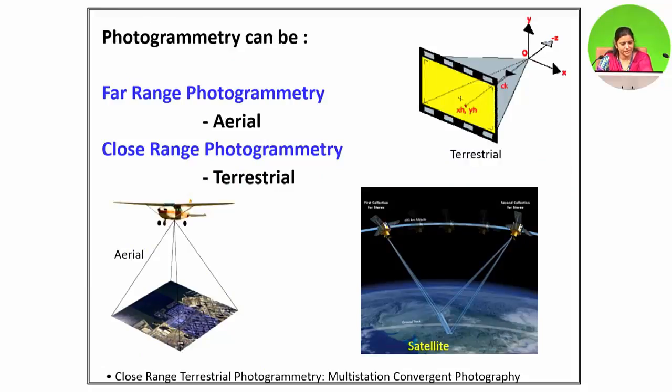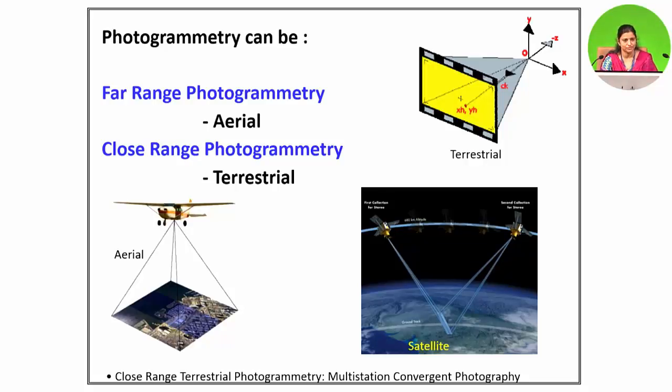As we have already discussed, photogrammetry can be far range or close range. Far range photogrammetry is when the camera-object distance is more than 100 meters, whereas close range photogrammetry is when the camera-object distance is less. Far range photogrammetry is generally aerial and satellite photogrammetry, and close range photogrammetry is terrestrial photogrammetry, when the camera is on the ground.